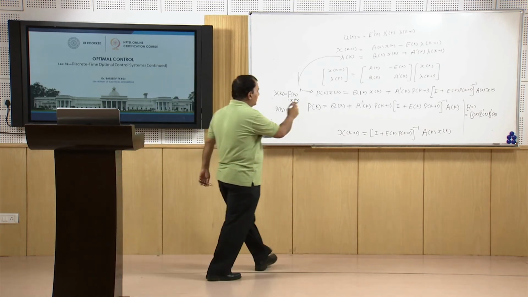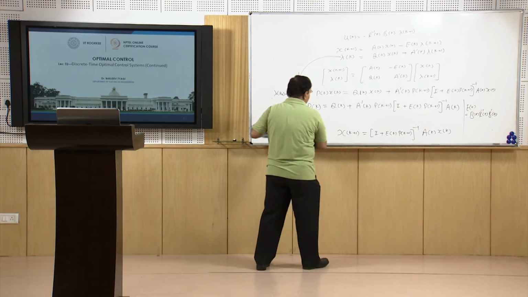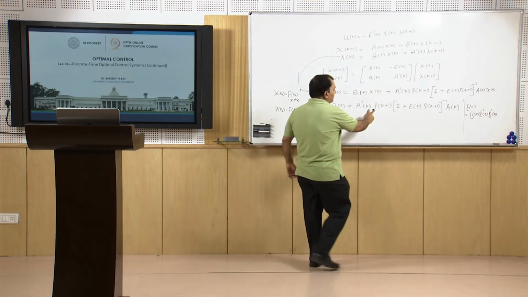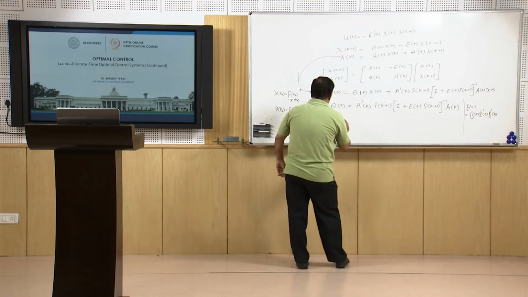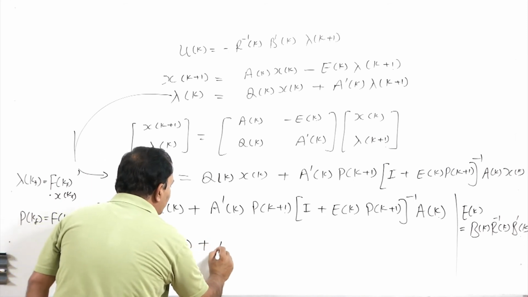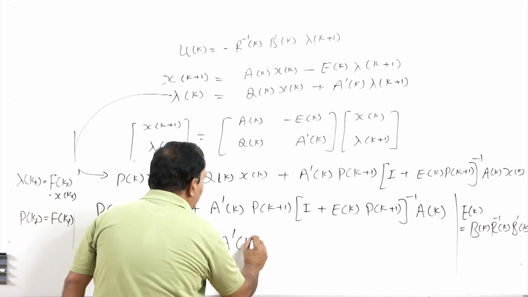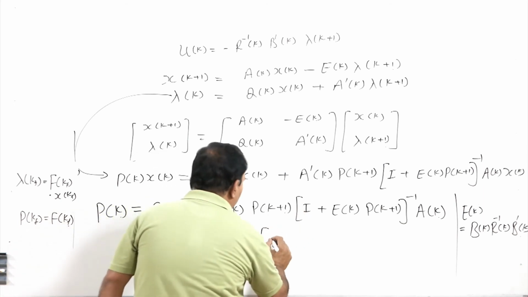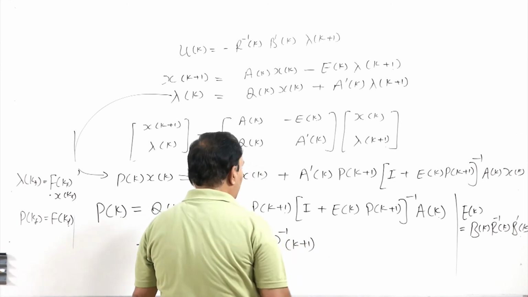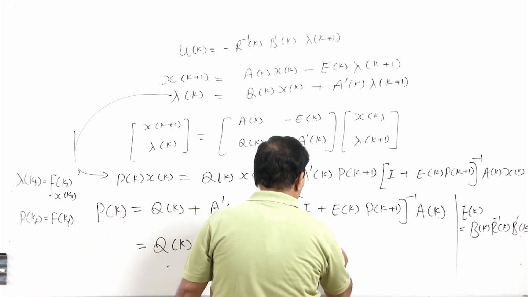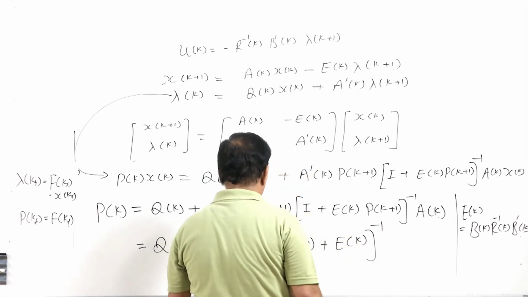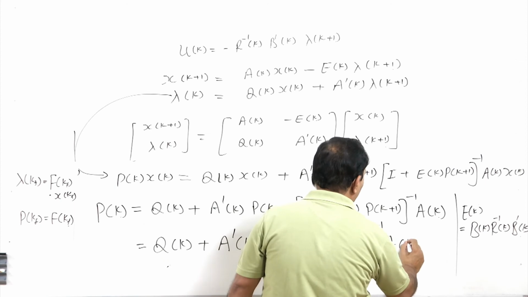And alternatively, I can also write this equation in another form. If I take this pk inside the bracket, it is the same equation as qk plus A prime k, pk inverse plus ek, whole inverse ak.